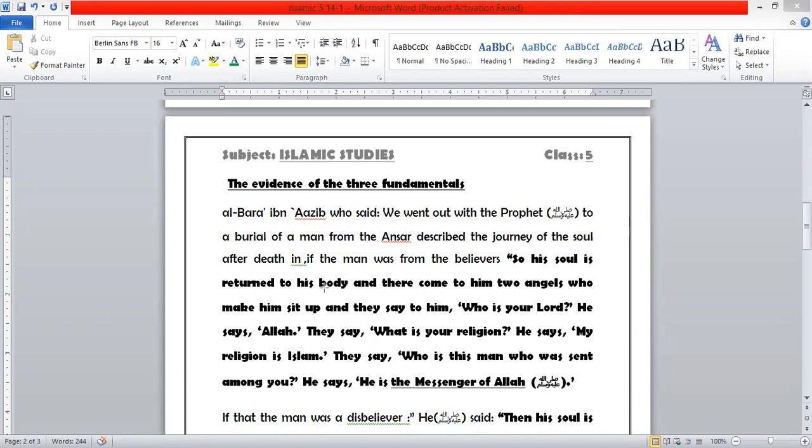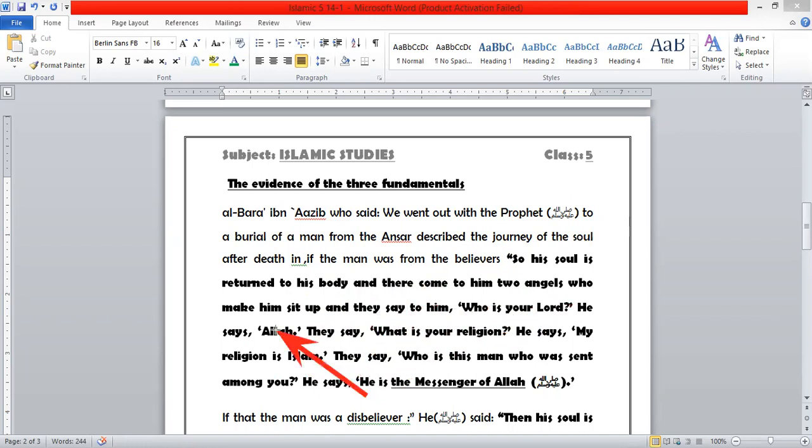Al-Bara ibn Azib, who said, "We went out with the Prophet, peace be upon him, to the burial of a man from the Ansar." He described the journey of the soul after death. If the man was from the believers, his soul is returned to his body, and two angels come to him who make him sit up and then say to him, "Who is your Lord?"